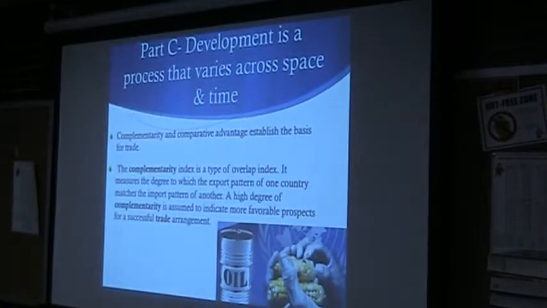Now we're finally on to part C. Development is a process that varies across space and time. So this is back to some economic stuff. All right, we're on to that next page now. And the first one is analyze the causes and consequences of international trade. International trade, growing interdependence in the world's economy.